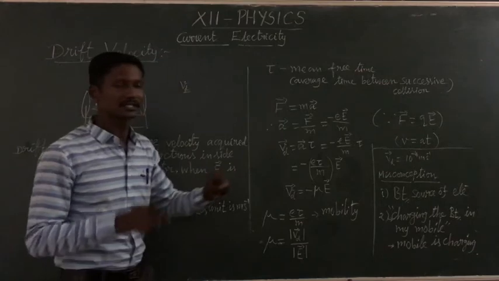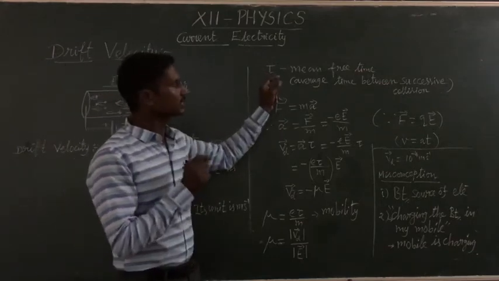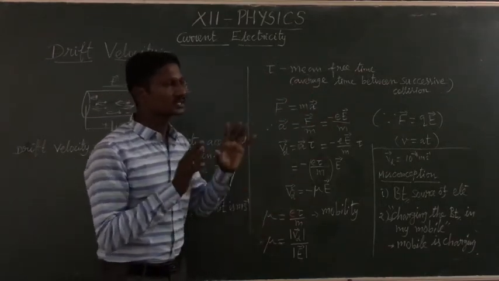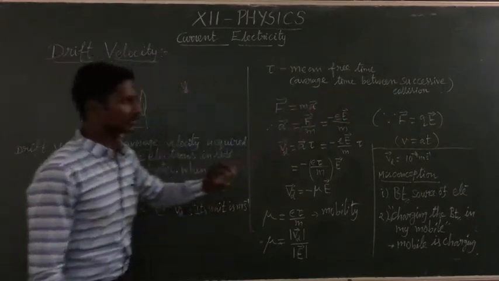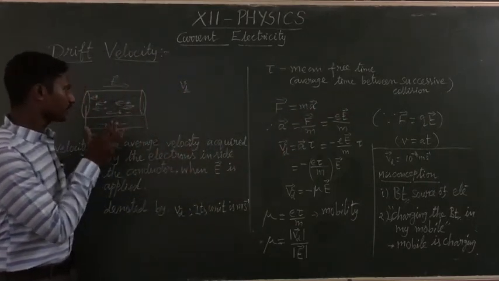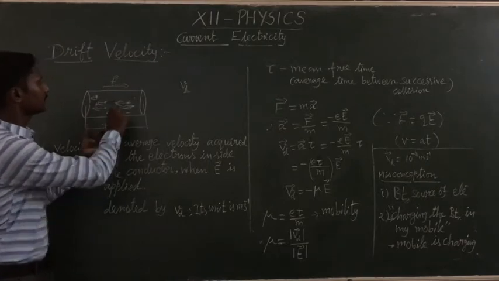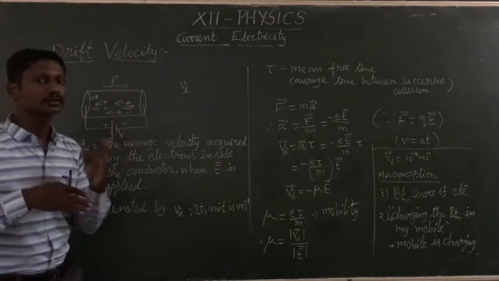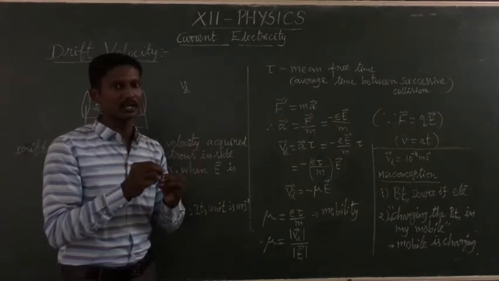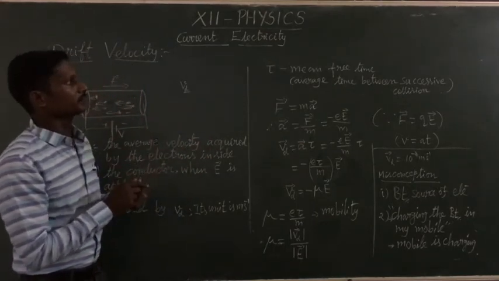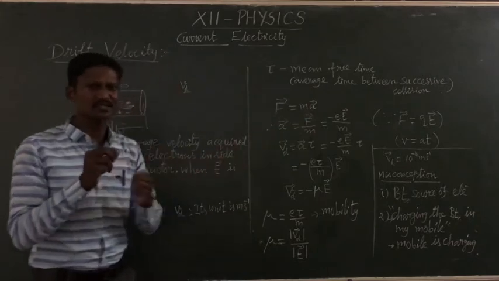Now this is tau, that is time. The symbol of time is t, but here tau means mean free time. What is called mean free time? The average time between successive collisions. When we apply the electric field, the electrons try to move in a particular direction, and at that time electrons collide with each other. So it is the average time between successive collisions.